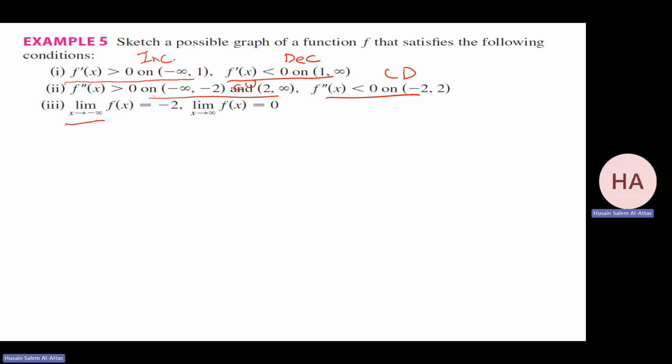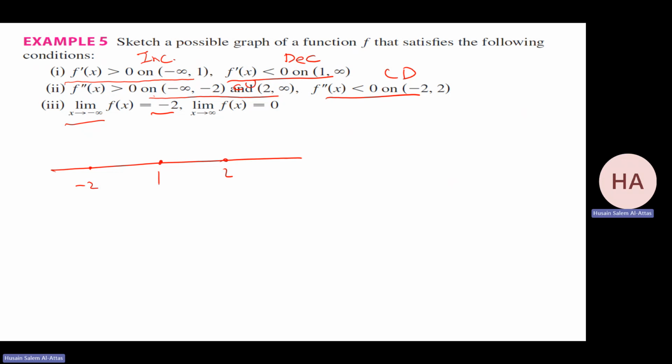The limits, minus 2 and 1. Okay, I can do one thing. I can check what are the points which concern me. These are minus 2, and also I have the 2. This is for the concavity, and I have 1 for the increasing and decreasing.